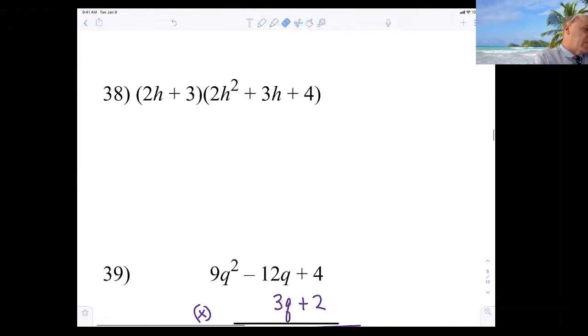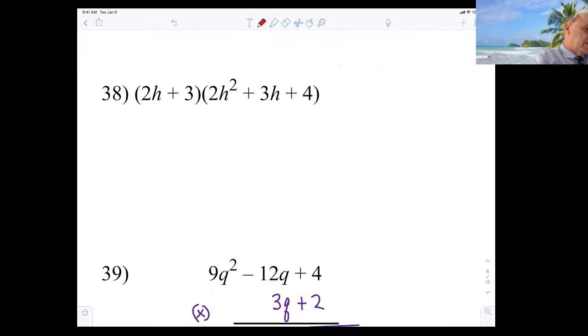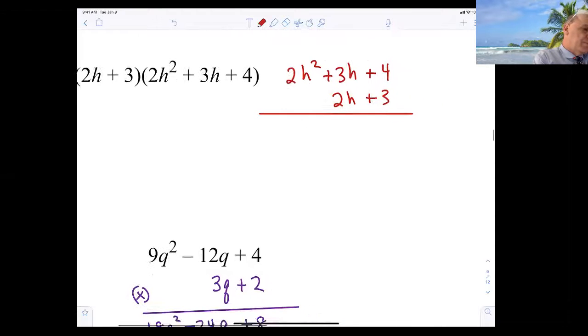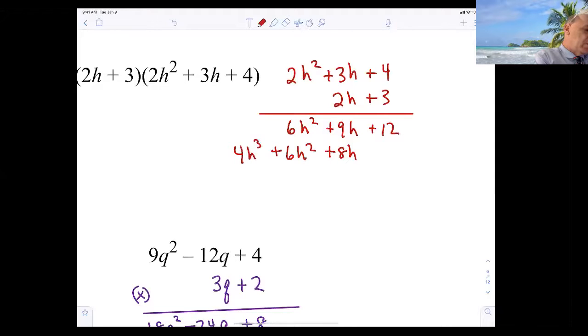Okay, let's practice. All right, come on, guys. 2h squared plus 3h plus 4, 2h plus 3. Positive 12, positive 9h, 6h squared. Positive 8h, positive 6h squared, 4h cubed.